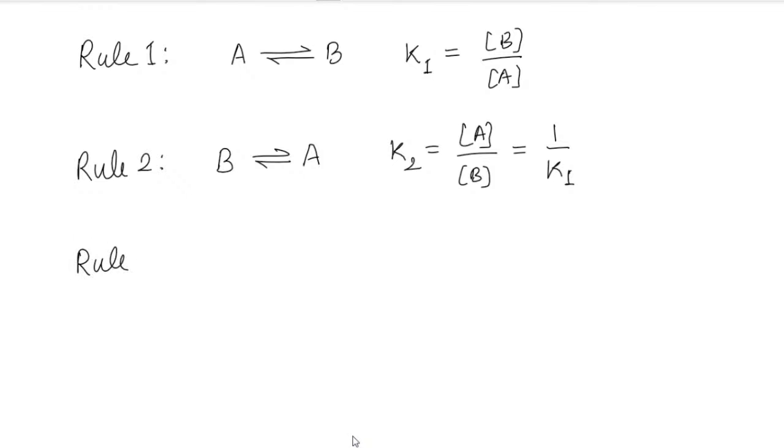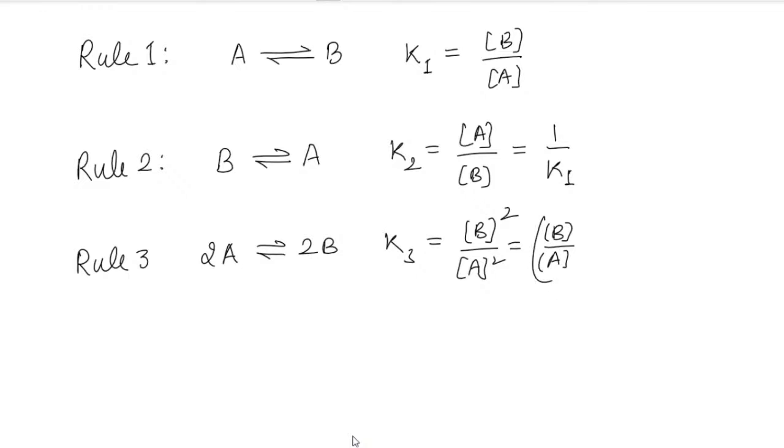Rule number 3. If we multiply it with 2, with any number, then it becomes B raised to power 2 over A raised to power 2, means B over A whole raised to power 2, that is K1 raised to power 2. That means if we multiply the equation by any number, then equilibrium constant becomes K1 raised to power that particular number.